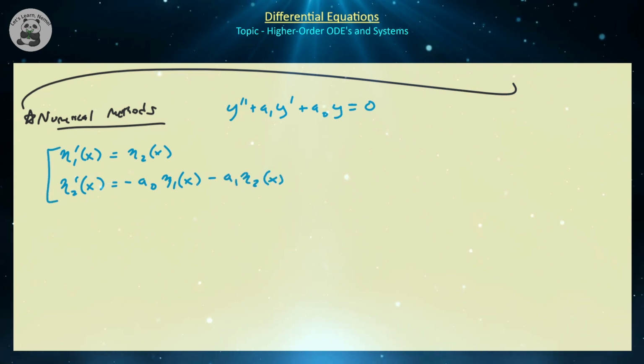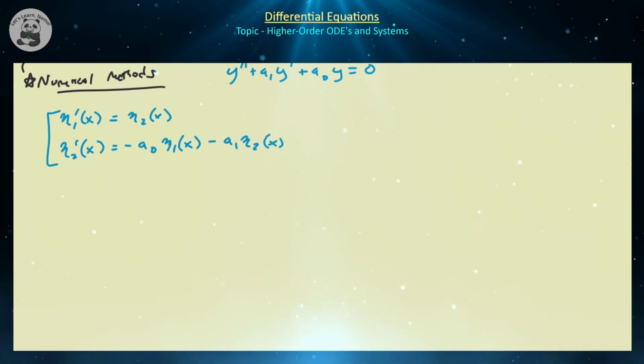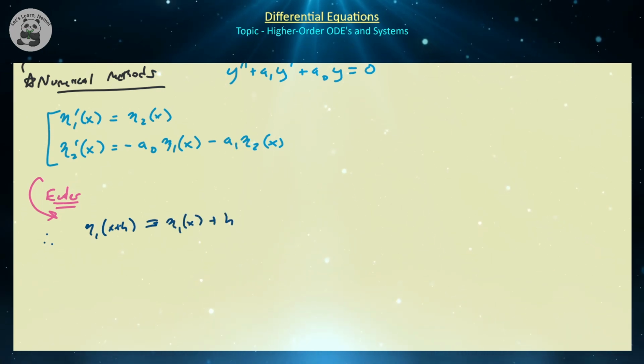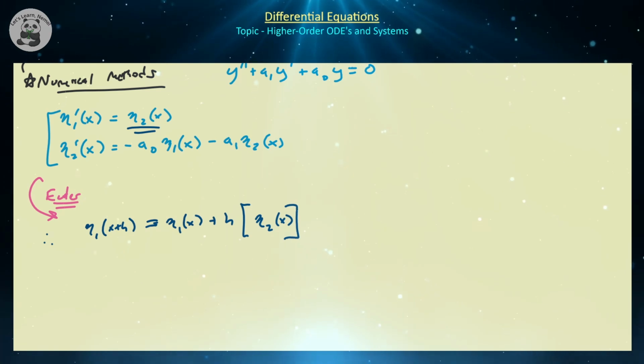So if we want to solve this differential equation, say with Euler's method, or an RK1 approach, I guess you could say, then if we just do a forward difference approximation, that's just going to give us what? So that means that eta 1 of x plus h will be equal to eta 1 of x plus h times the right-hand side of that differential equation, which is just going to be equal to eta 2 of x.